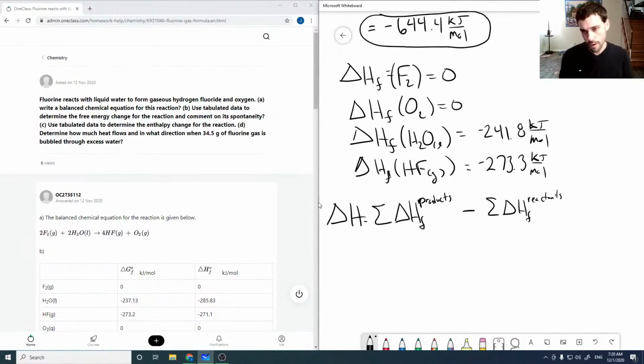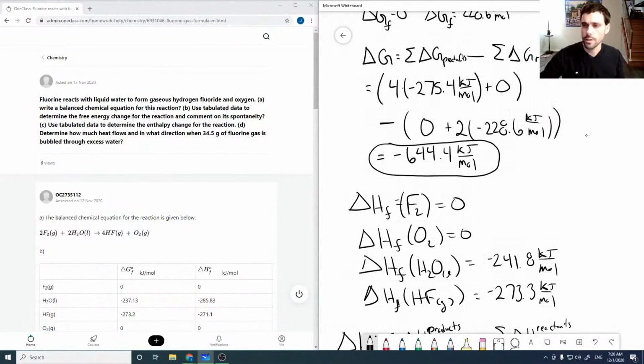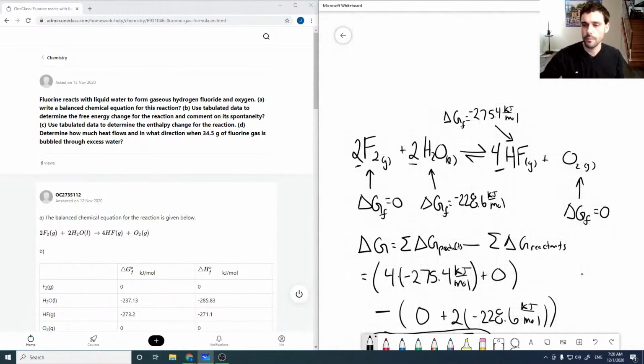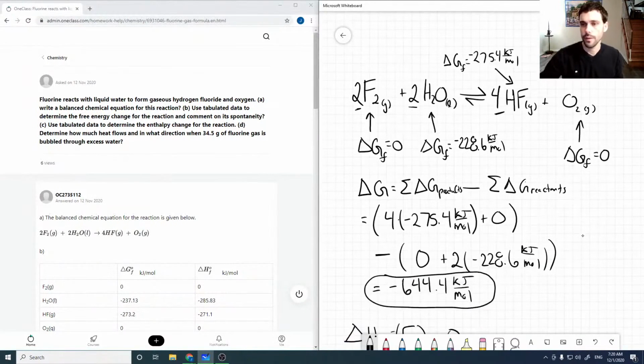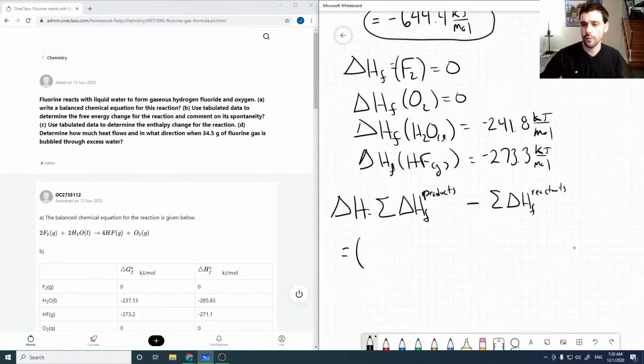And we're going to put in our appropriate coefficients with this. So looking at our equation again, our products are HF and O2, and our reactants are water and fluorine.